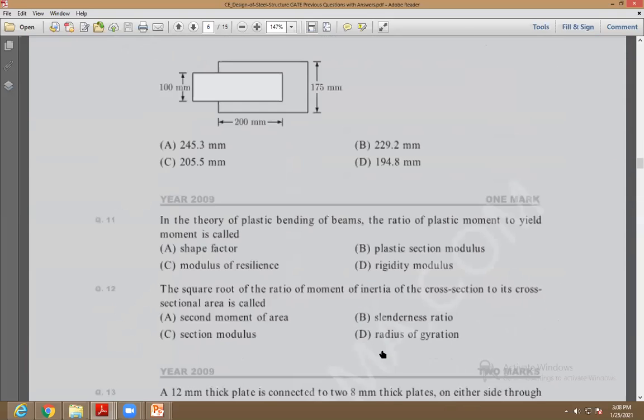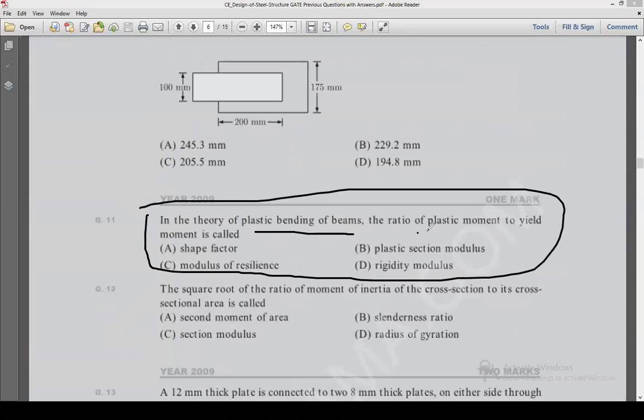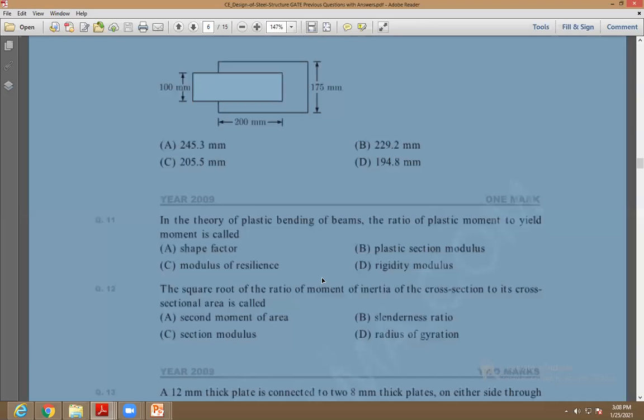Then there is a theoretical question again on plastic analysis, for 1 mark. Plastic bending of beams, ratio of plastic moment to yield moment, MP by ME, that is called the shape factor, right? The next question is a simple one.